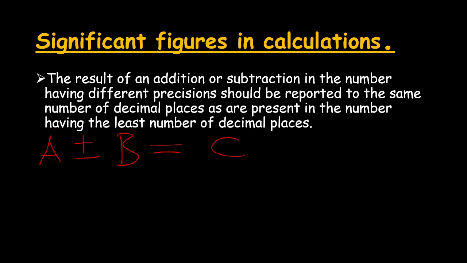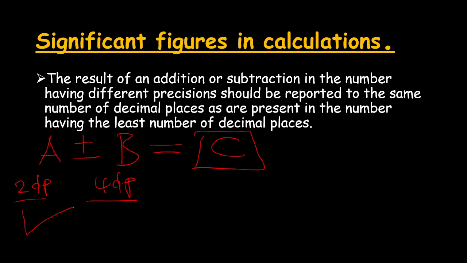And let's say A has 2 decimal places and B has 4 decimal places. What this rule is telling us is that the number of decimal places of value C would be determined by looking at these two numbers that we are performing the calculation on. We should ask ourselves, between A and B, which one has the least number of decimal places?